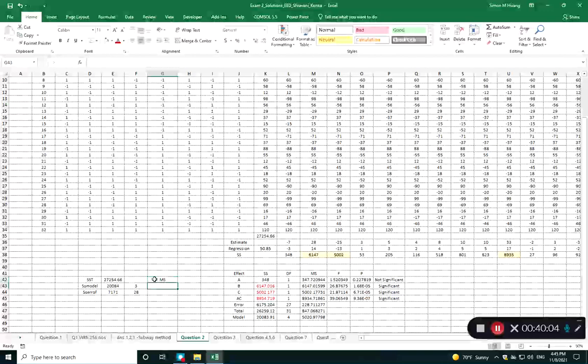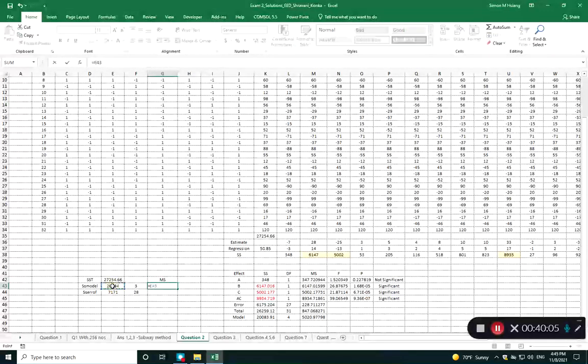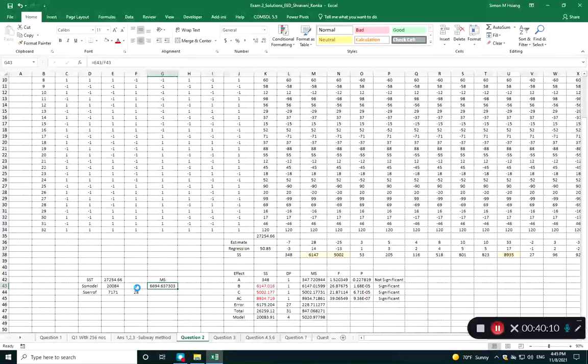The MS should be what? This guy divided by this guy. And this guy divided by this guy. So far, so good? This is the ANOVA table you're supposed to have, right?